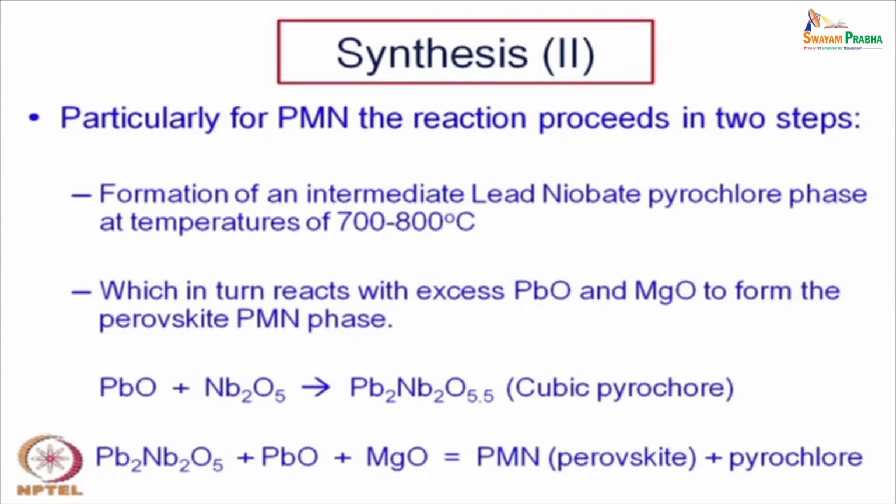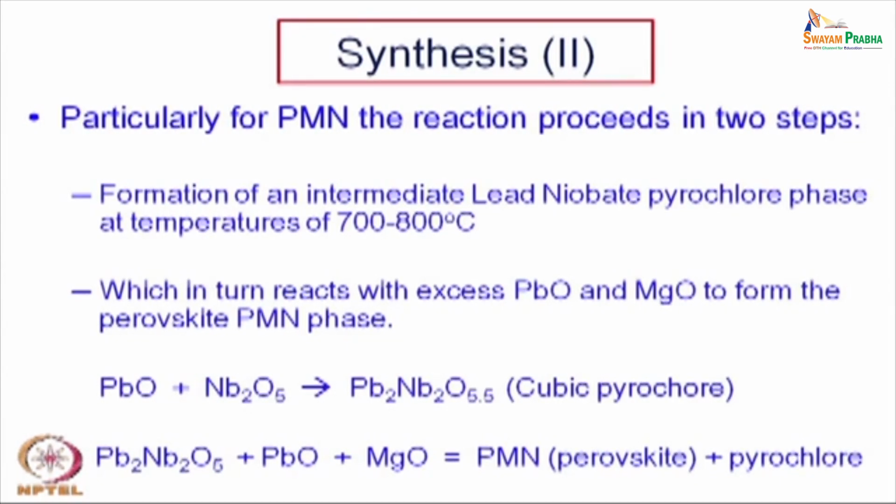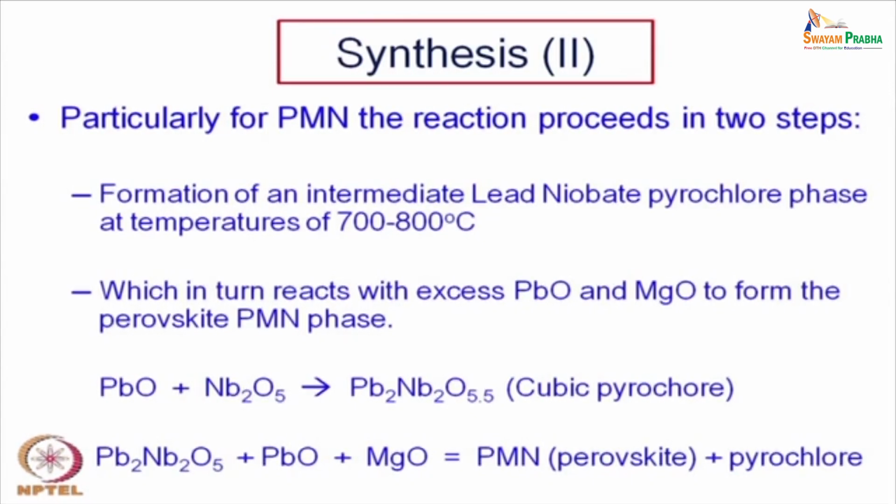This pyrochlore phase in turn reacts with the excess PbO and MgO to form the perovskite PMN phase. So, initially a lead niobate pyrochlore phase forms, and then that lead niobate pyrochlore reacts with the excess amount of lead oxide and magnesium oxide to form the perovskite PMN structure.